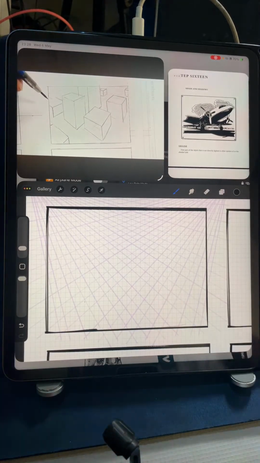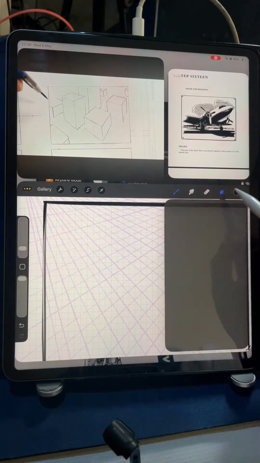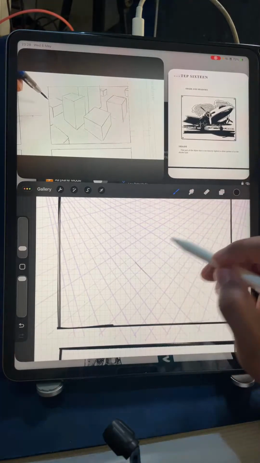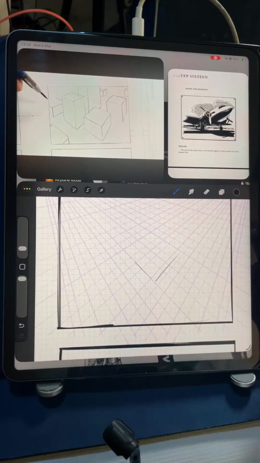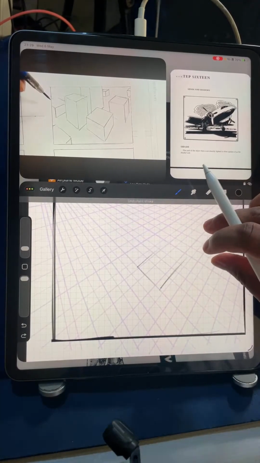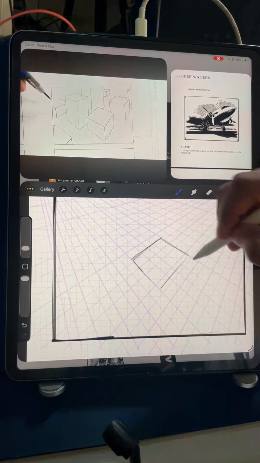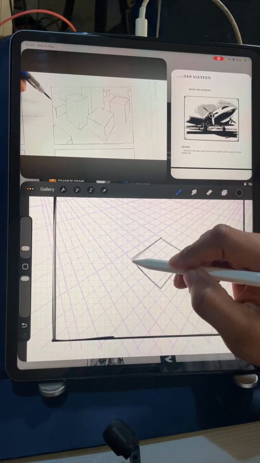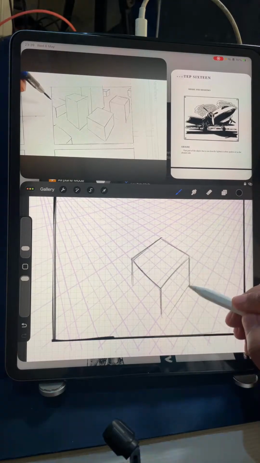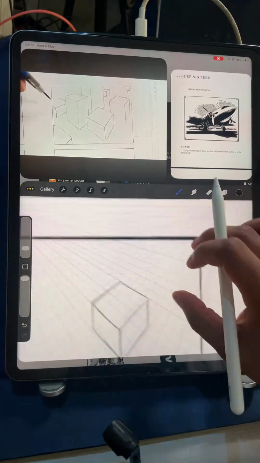Okay, let me do what he's doing. That was an L from me. Oh yeah, here's my vertical line. Then there's another one.